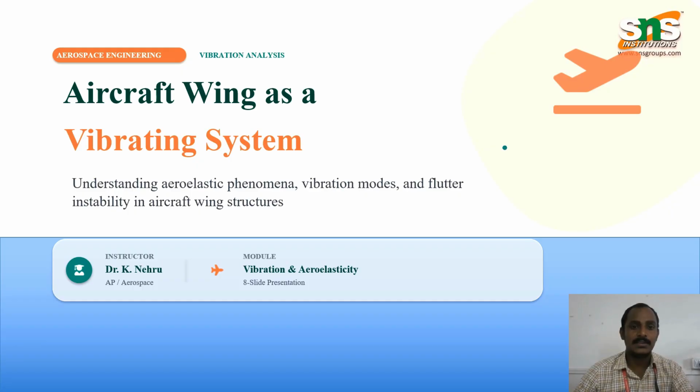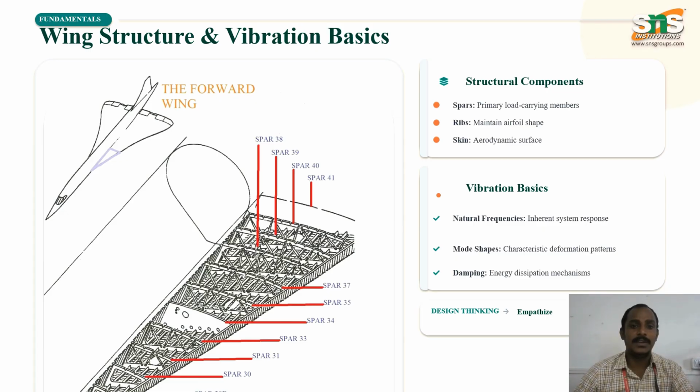In this session, we will study wing structural components, vibration modes, aeroelastic flutter, testing methods and modern engineering approaches used to control these phenomena. Let's begin our journey into the fascinating world of aeroelasticity. To understand wing vibration, we must first understand wing construction.